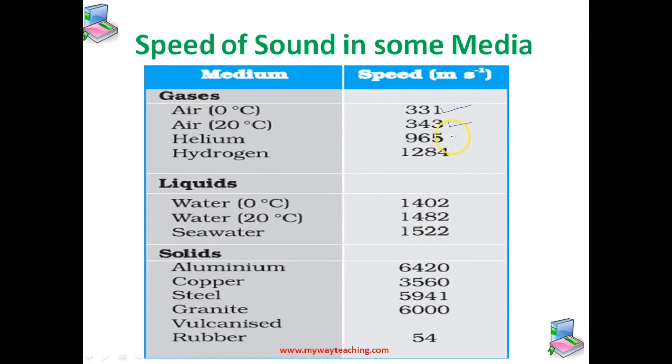In helium it is 965, hydrogen and water it is 1402, it's very high, and water at 20 degrees Celsius it is 1482, seawater. In solids it's even higher, like in aluminium it is 6420. Copper, steel, granite, rubber, they have given all the values. Vulcanized rubber, everything.